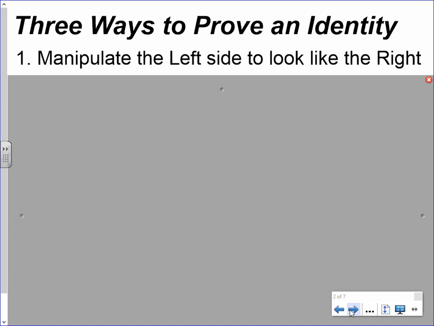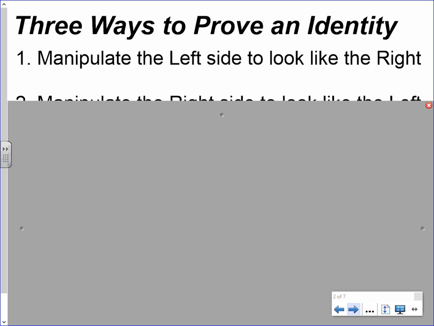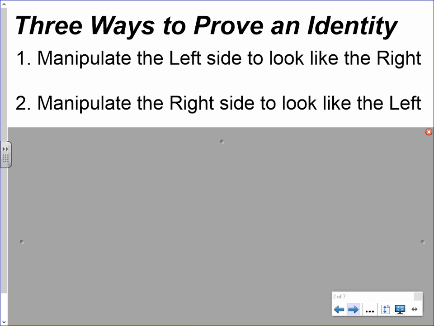Second way you can solve these problems. What is he going to say? Manipulate the right side until it looks like the left side.